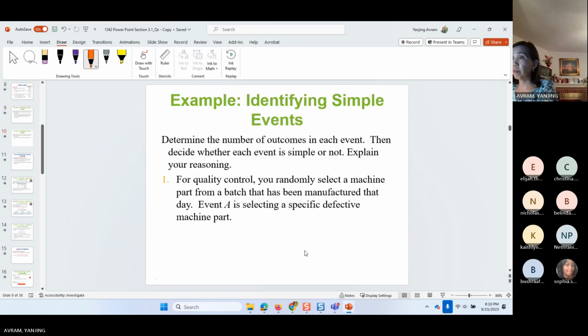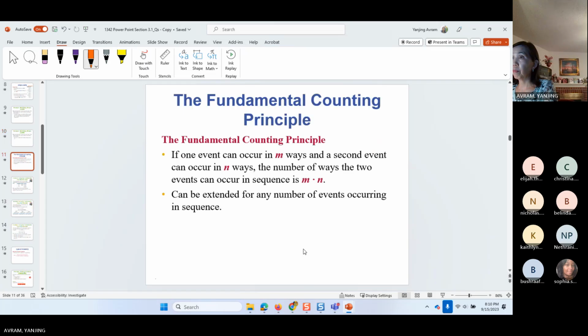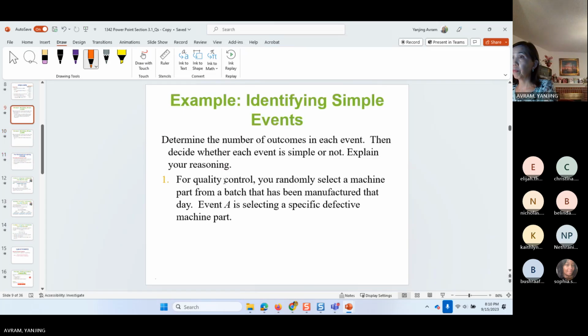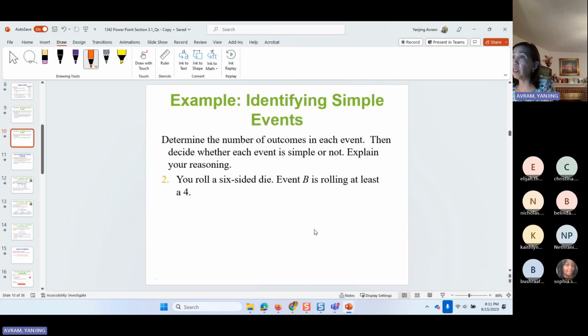Anyone? Okay, so if you select a specific defective machine part, this one is probably more than one, right? If it's more than one defective part, that would not be a simple event. Okay, so it depends on how many you have in here.